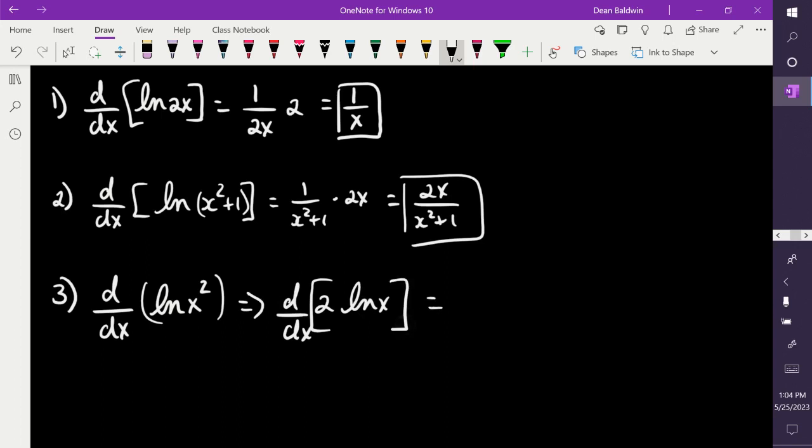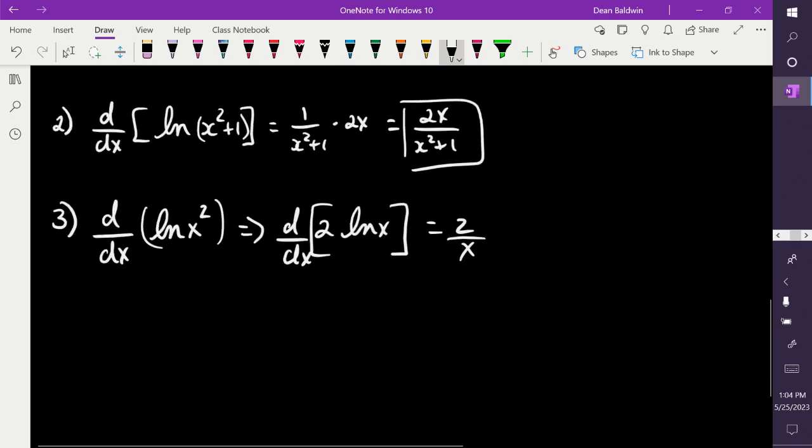Watch. 2 is a constant, right? So I don't really care about that. What's the derivative of the natural log of x? You're done. And you're going to see when we have bigger, more complex things, using that idea will make your life easier.